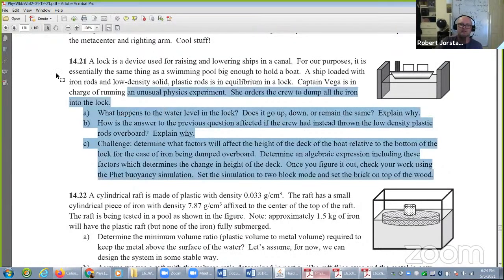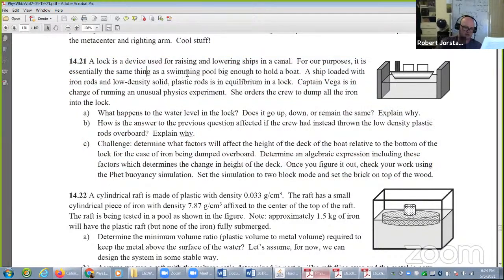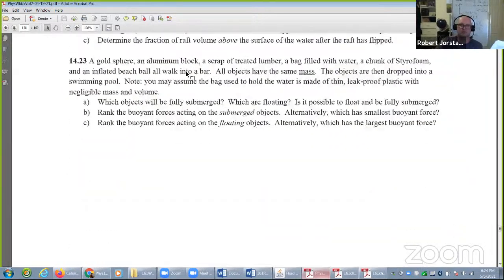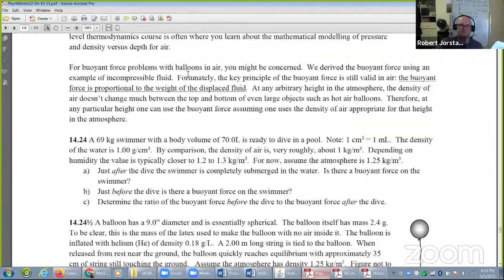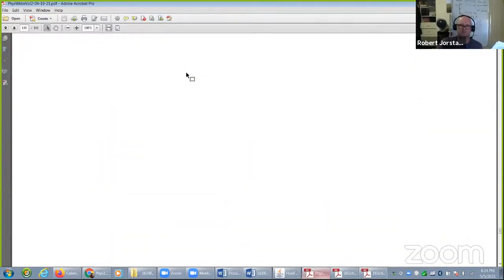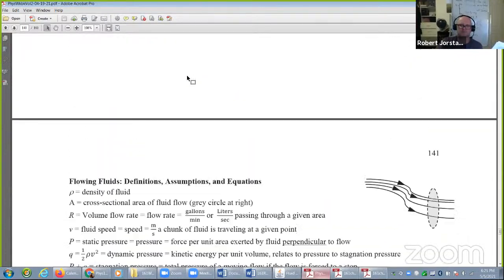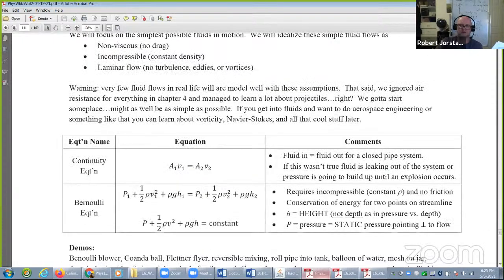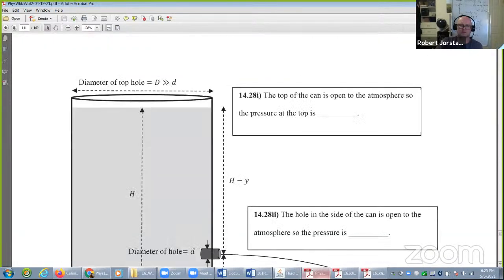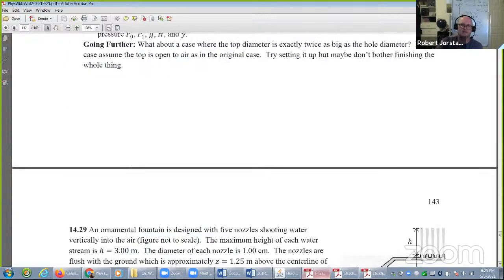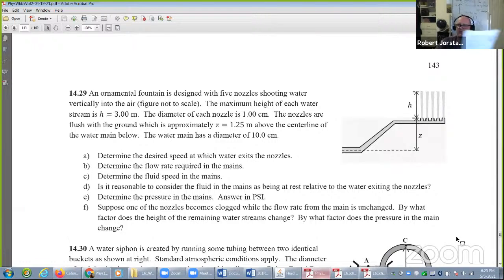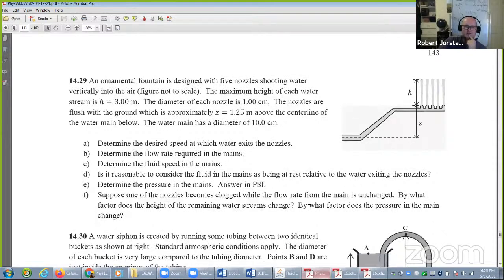I'm going to let you read this at home, all right? Let's go to the next bolded one, which I see is 28. Oh, we did that one. All right. Let's go to 29. You guys want to try one of these? I think this is about right, because then we've done one more buoyant force, one more fluids in motion. That's a pretty good start. How about we try this one?